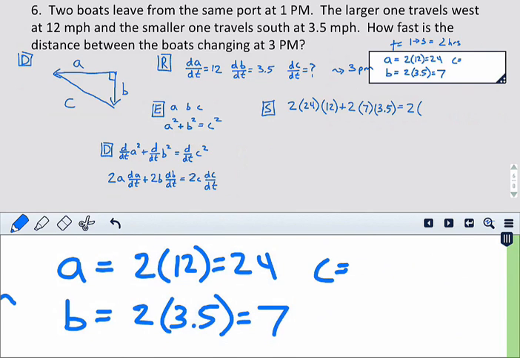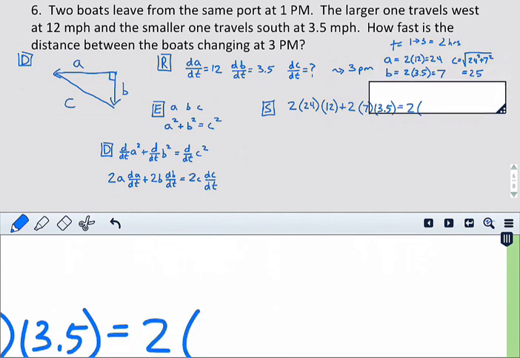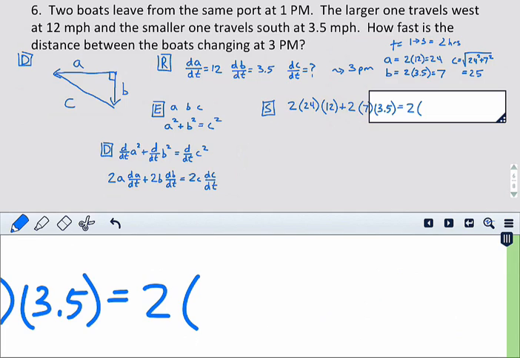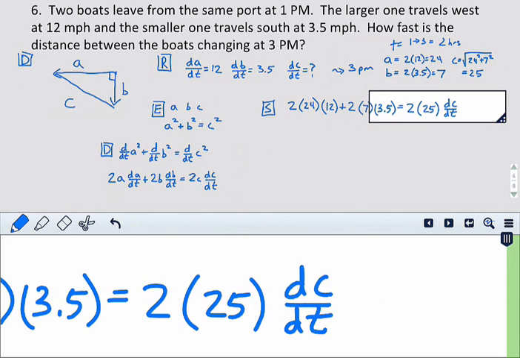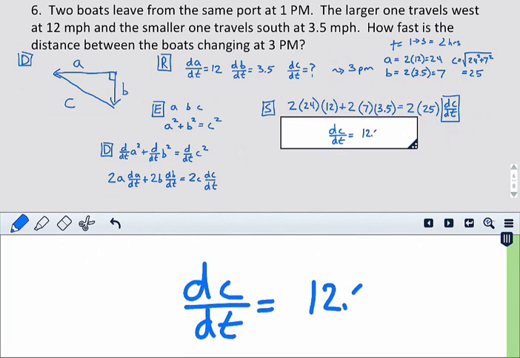So C is going to be the square root of 24 squared plus 7 squared. So in this case, it is going to be 25. So you could have remembered the Pythagorean triple or just used the Pythagorean theorem. At any rate, at 3 o'clock, C equals 25 miles, and this is going to be times dC over dt, and that is what we're looking for. And when we go ahead and solve for dC over dt, we're going to get 12.5 miles per hour.